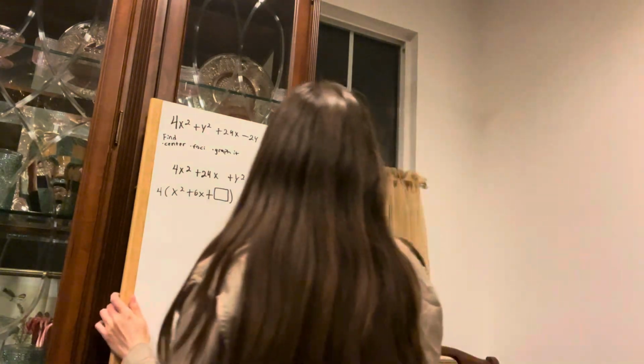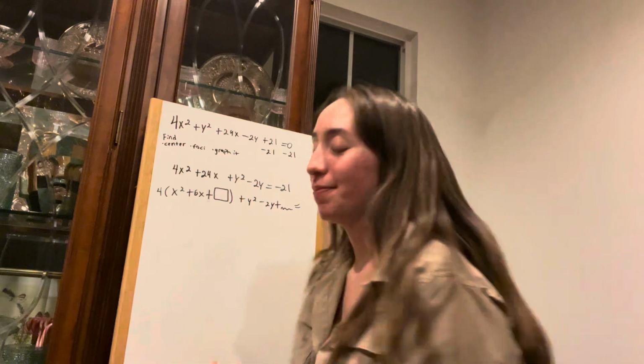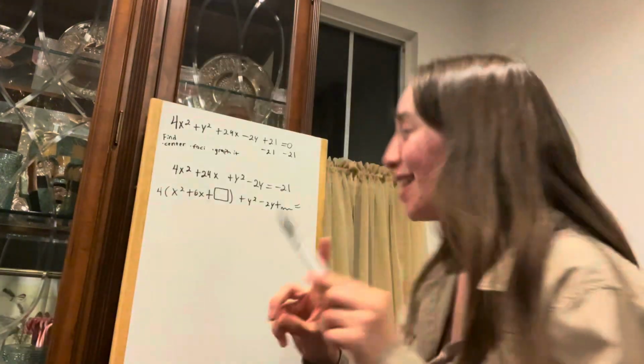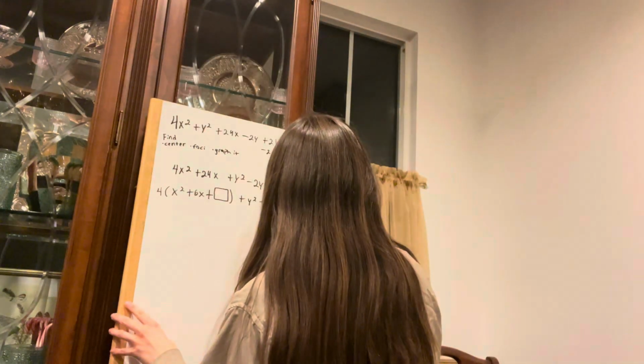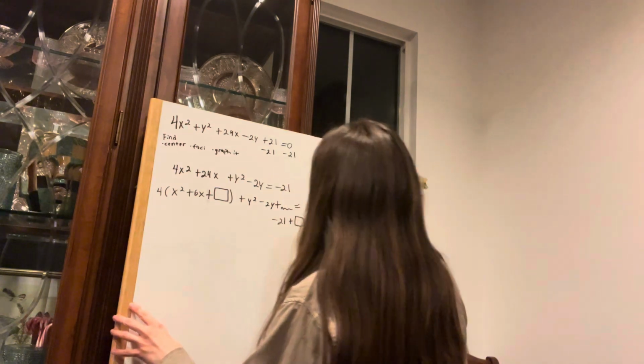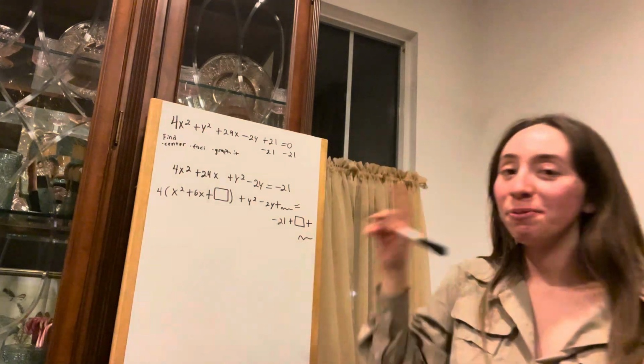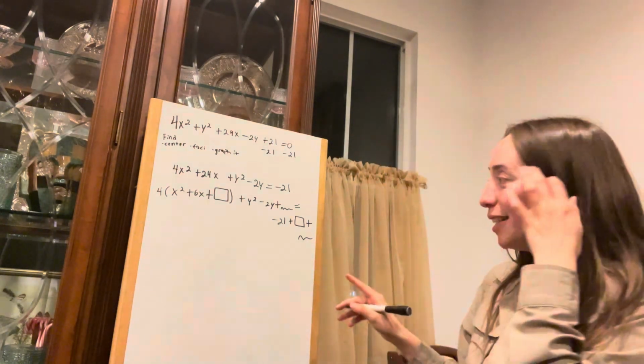Let's just erase this real quick. Okay, so it's going to be negative 21 plus box, and then plus our squiggly line. I will rewrite that so it's more clear.